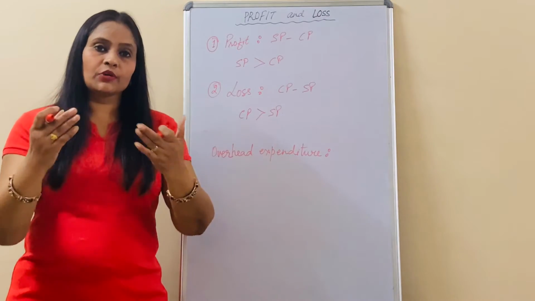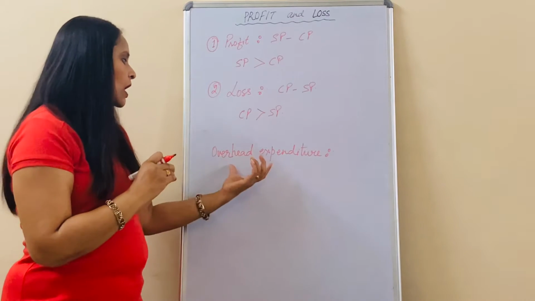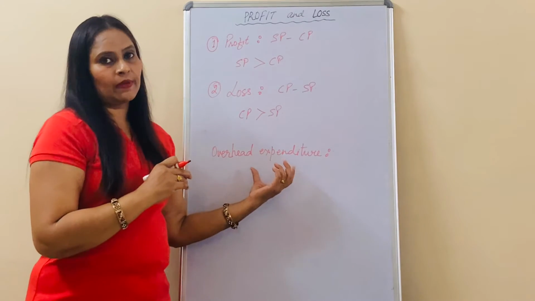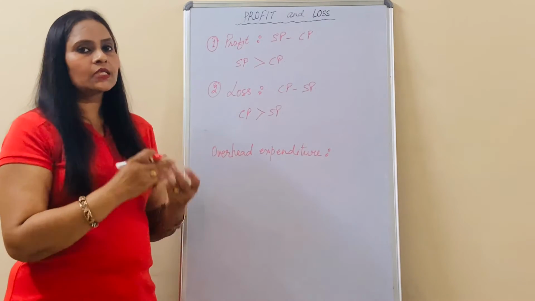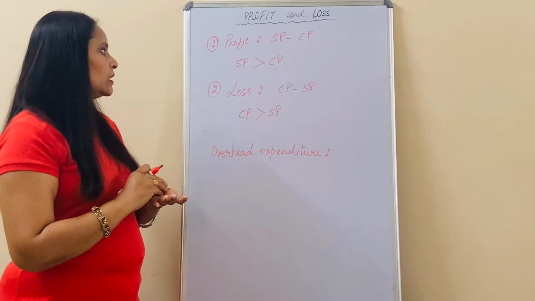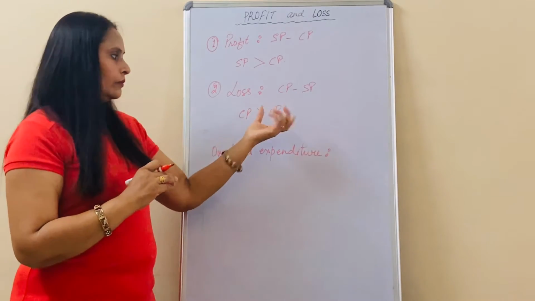Means for the transportation of goods and storage of goods, he is spending some amount. These are known as the overhead expenditures, and whenever there are overhead expenditures, these are to be added to the cost price of that article or for that dealer.